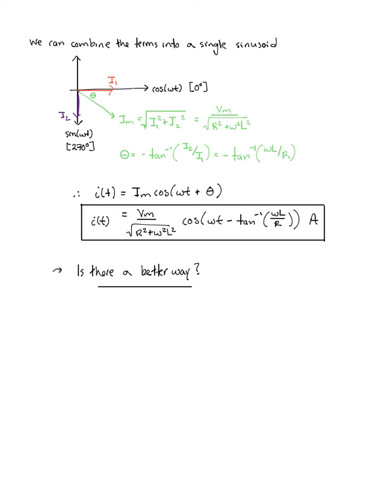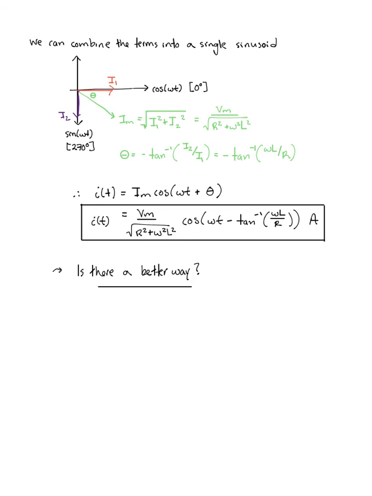Recall complex numbers and conversion from rectangular to polar coordinates. So that would simplify to the negative of the arctan of omega L over R. Therefore, we can rewrite I as being the magnitude that we just found times cosine of omega t plus this phase shift that we just found. So simplify to Vm over the square root of R squared plus omega squared L squared times cosine of omega t minus the arctan of omega L over R.